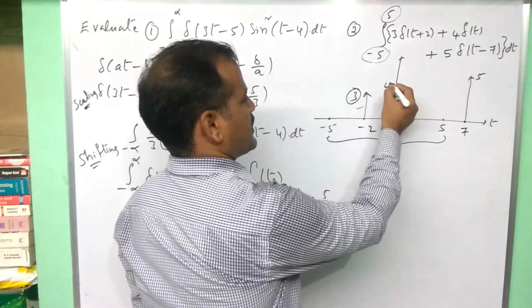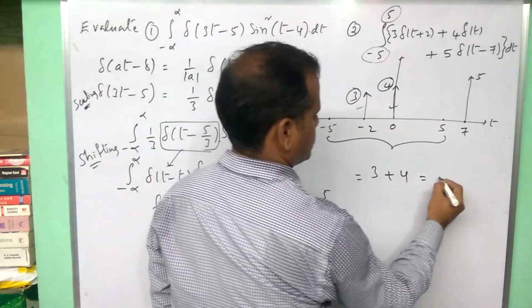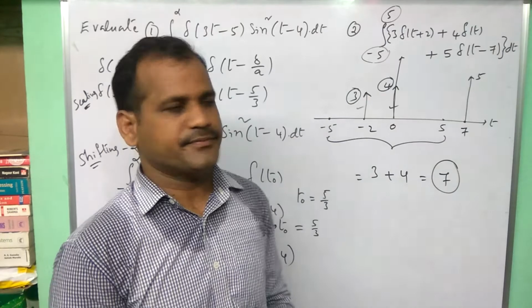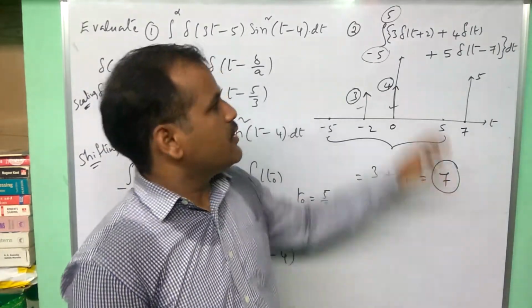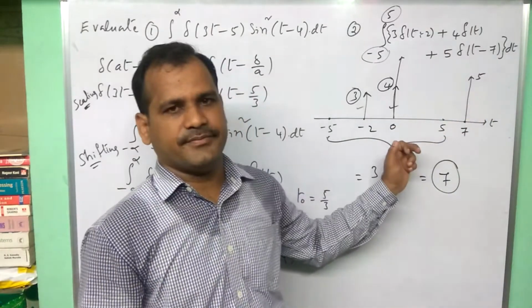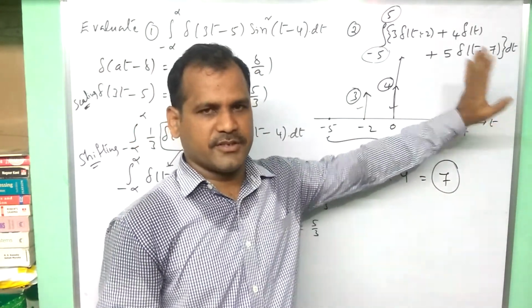The amplitude becomes the integration of that impulse. So 3 plus 4, equal to 7, is the answer for this integral. What is to be observed is that over the given limit, if any one of the impulse functions is not covered, then we should neglect it. We should not consider that impulse function. Right? Thank you.